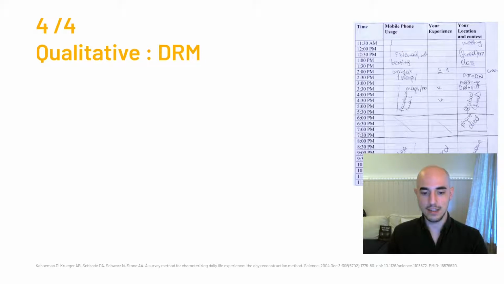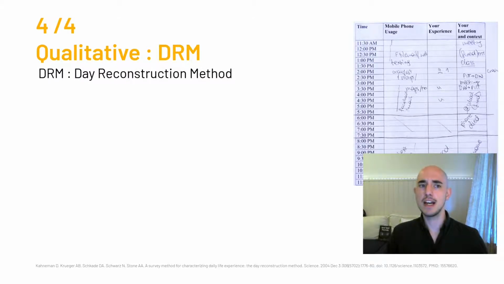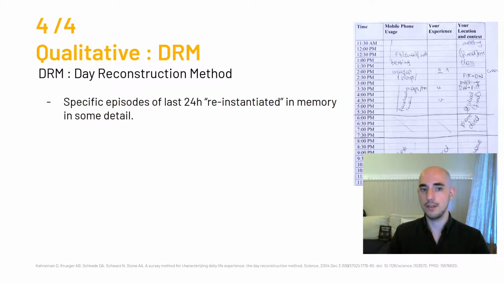The last part that we're going to see is the DRM. So, what does it mean? The Day Reconstruction Method. The DRM is based on the last 24 hours, or last 48 hours, sorry, depending on when you run it.